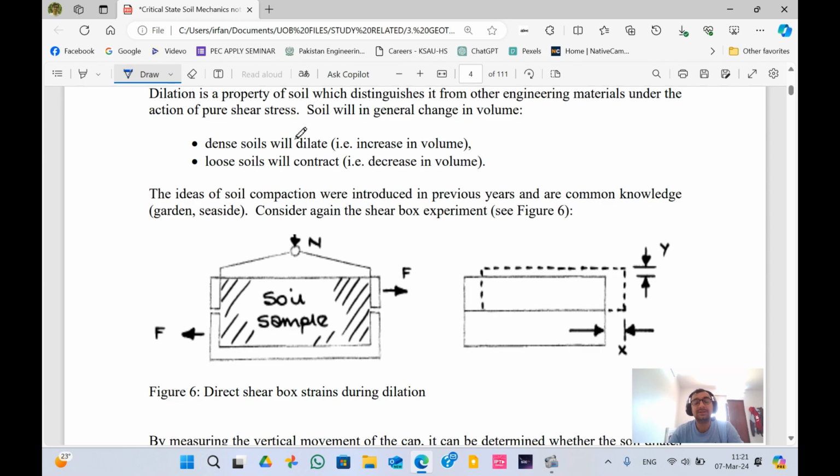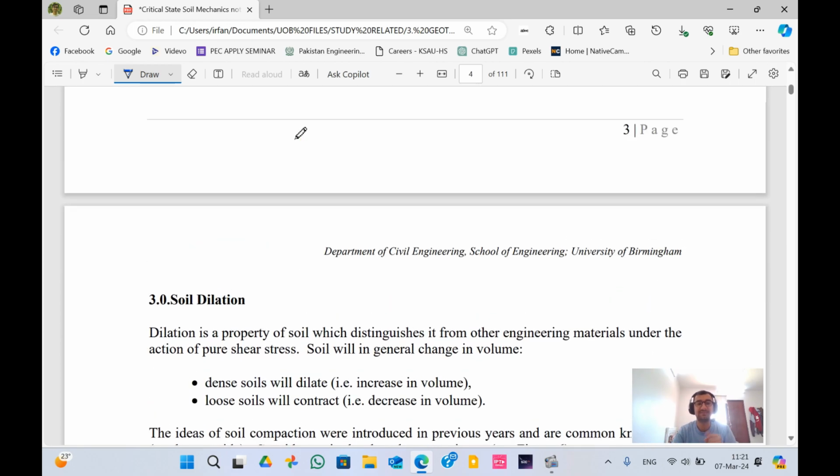The reason for dilation is that the soil sample is like this. If the soil is dense, it is like a strong bowl shape. Now, if you are applying a lot of stress on the soil, eventually it will reach a peak, as we have already seen in the previous graphs.